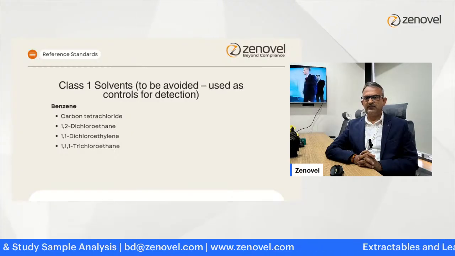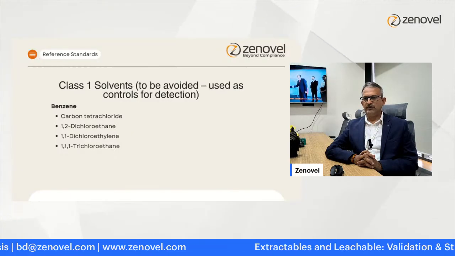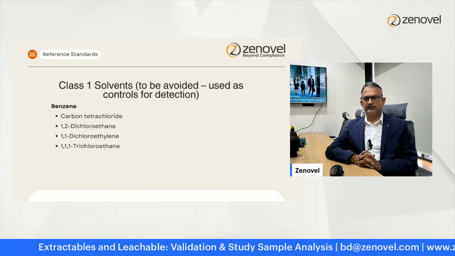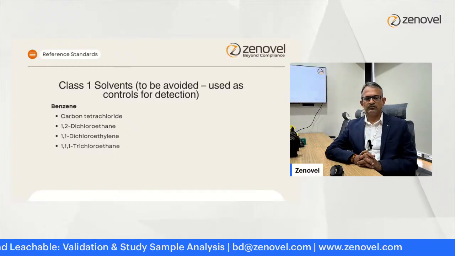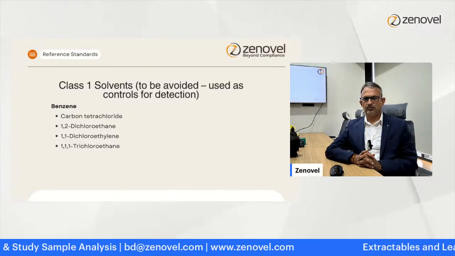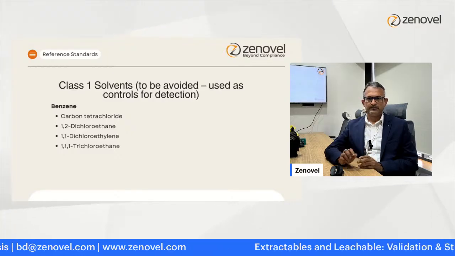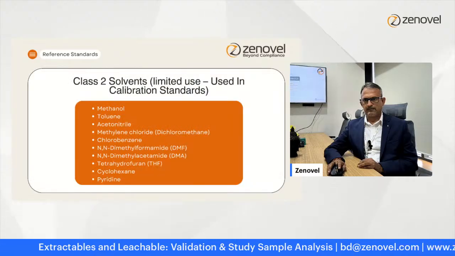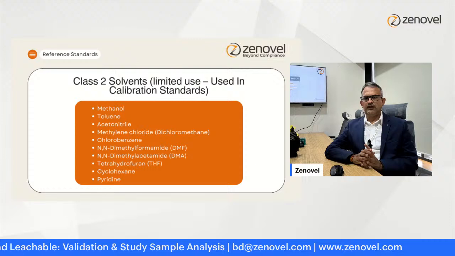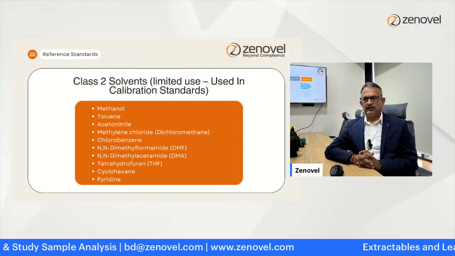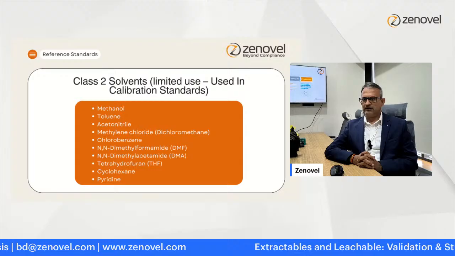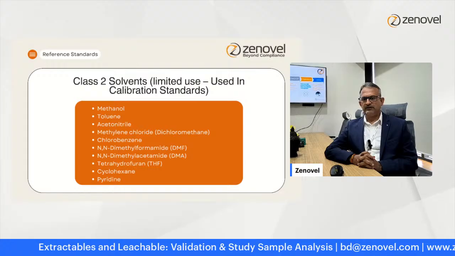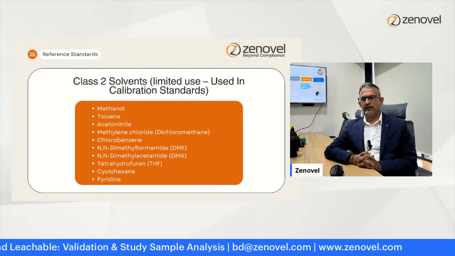If we look at the class 1 solvents, generally we have to avoid these solvents and use them as a control for the detection. Benzene and related compounds are class 1 compounds, and here the list of compounds is presented. Class 2 solvents are of limited use as calibration standards, and here the list of all the class 2 solvents is presented, for example methanol, toluene, and acetonitrile.